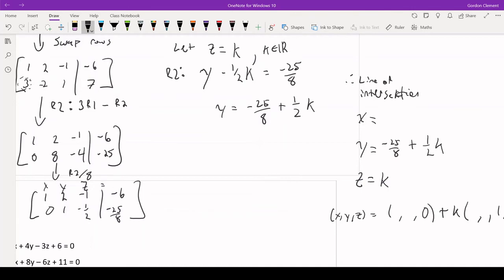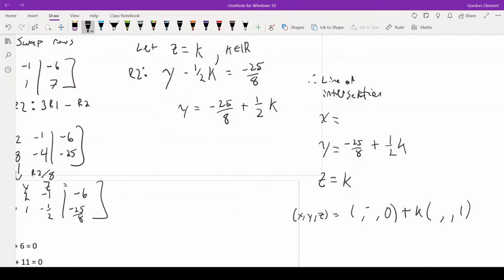There's my parametric equation for y, which equals negative 25 over 8 is the starting point coordinate. 1 over 2 is the scalar multiple, so that's the vector component there, sorry, for the direction vector. Now, you can just write the 3 parametric equations when you're doing these. You don't need to write it in both forms. I'm just kind of showing you the pieces both ways.